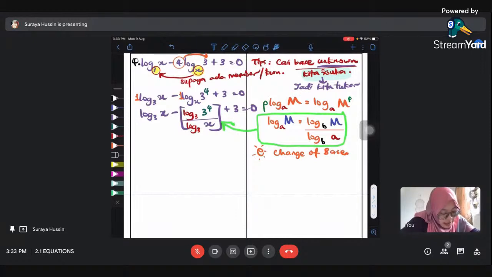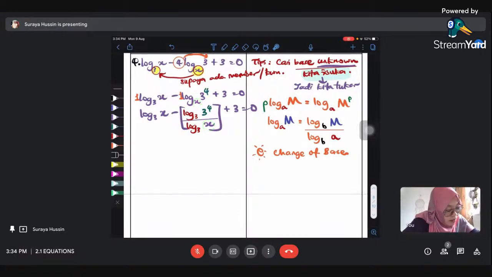Daripada base x ini ditukarkan menjadi base yang baru, iaitu base 3. Sebab apa? Sebab kita ada member. Sebab tu kita nak base 3, sebab kita ada kawan. Bila ada kawan, baru kita boleh buat something nanti. So caranya base 3 dah buat, kena bahagi dengan log base 3 juga. Tetapi yang 3 kuasa 4 mesti berada di atas, manakala x pula di sini berada di bawah.